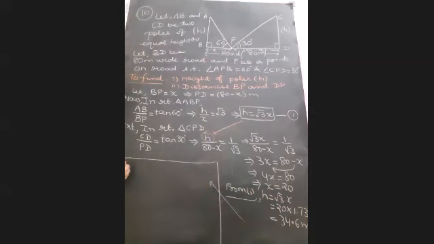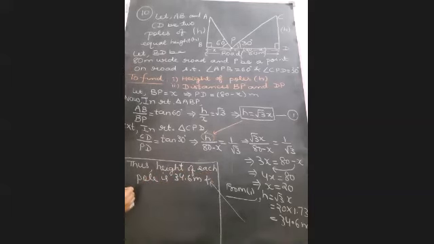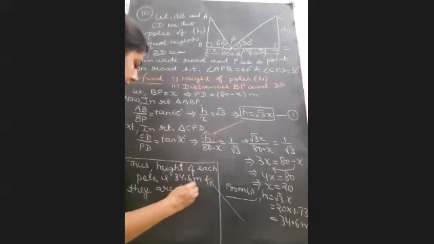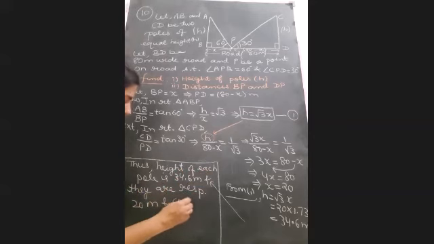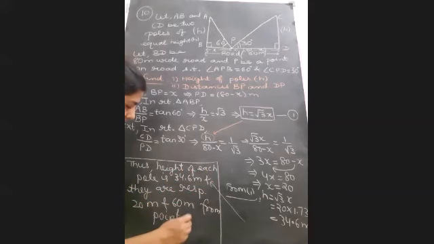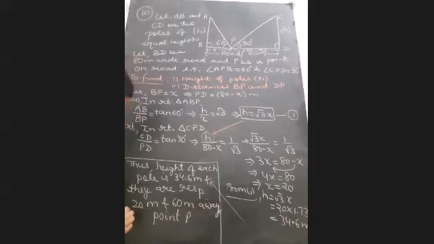So thus, height of each pole is 34.6 meter, and they are respectively 20 meter and 60 meter from point P. Clear? Yes, ma'am.